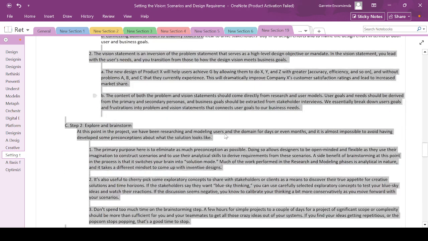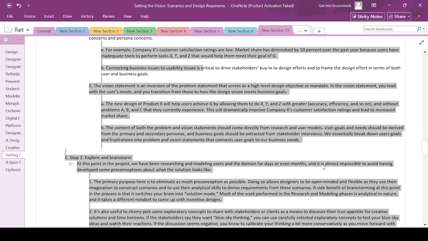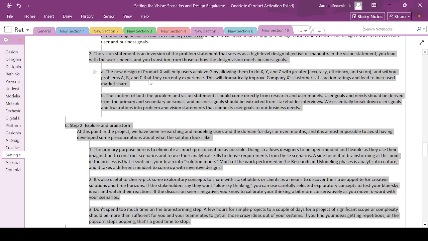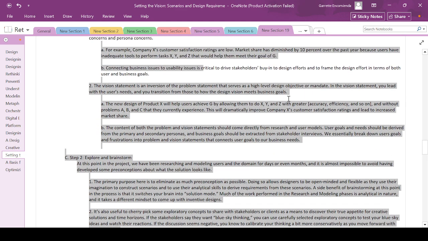The vision statement is an inversion of the problem statement that serves as a high-level design objective or mandate. It's kind of like the solution, but it's not the solution, just an inversion of the problem. In the vision statement, you lead with the user's needs, and you transition from those to how the design vision meets business goals.